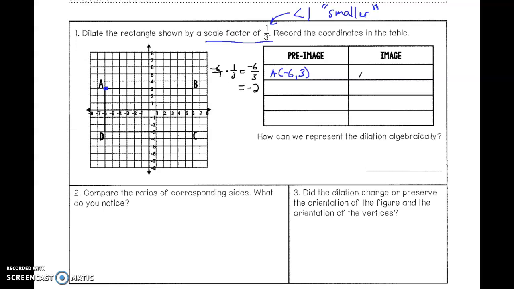So A prime is going to be at negative 2, and then I'm going to go 3 times a third, which is 3 over 3, which is just 1. So A prime is going to be at negative 2, 1.